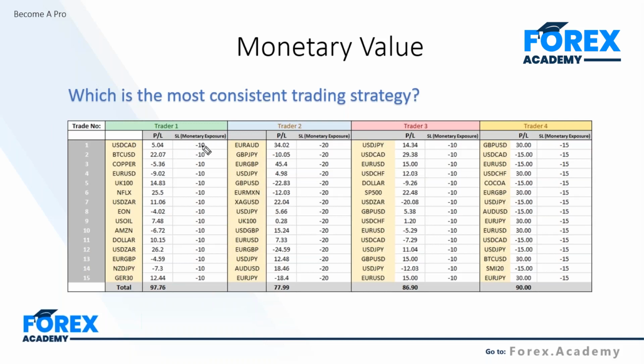Now we're not aware of the size of these 4 traders' accounts, but he's chosen to quantify his risk per trade by 10. And you can see, guys, that effectively he has fantastic risk management. That's the first thing, because he hasn't actually taken one full 10 euro loser. He's cutting all those losers short.